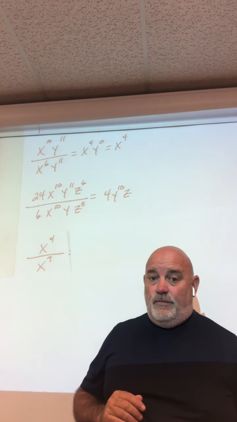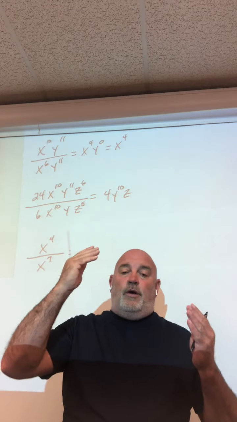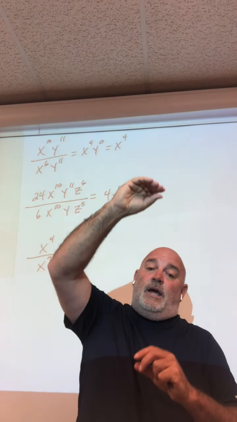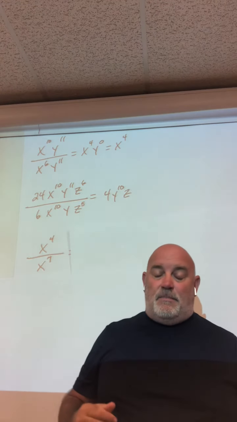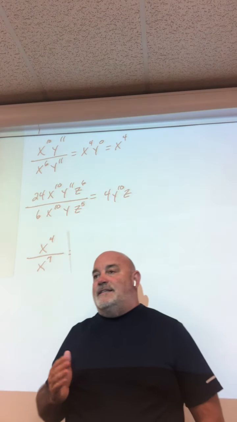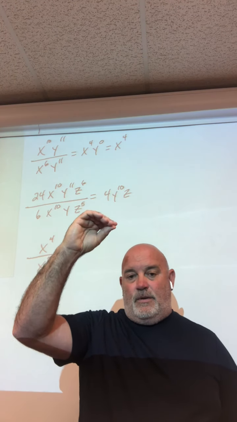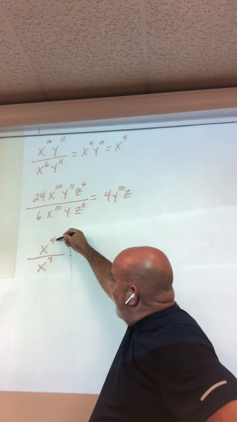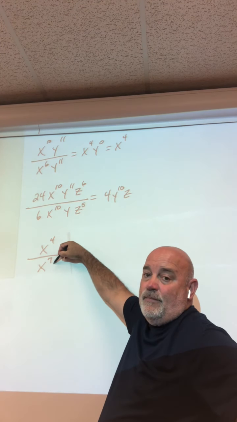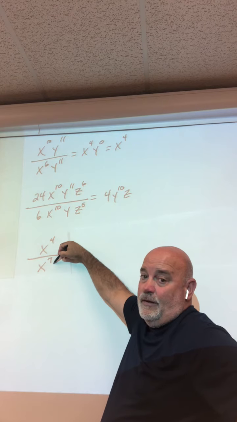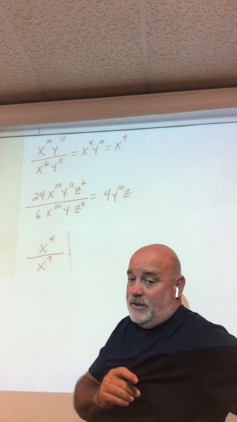Yes, you do. So in this problem, you say, well, Mr. Rayner, you said the one you gave us, a to the m over a to the n, you do m minus n, the top minus the bottom. The reason I said it that way is because that's assuming that the bigger one is on top. See, if you do 4 minus 7 right here, what is 4 minus 7? That's negative 3.